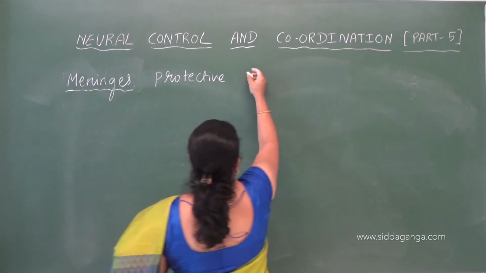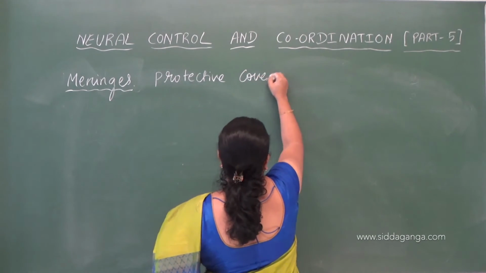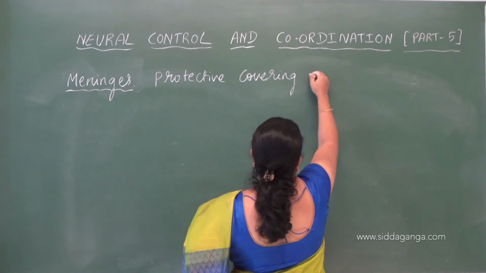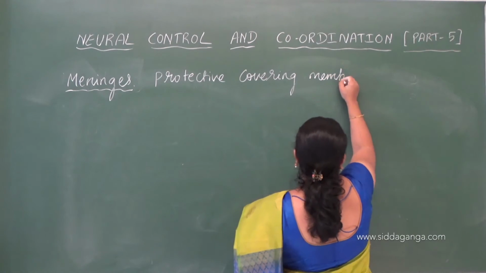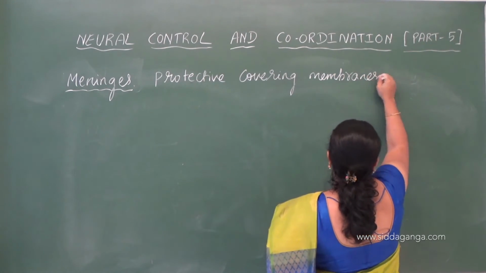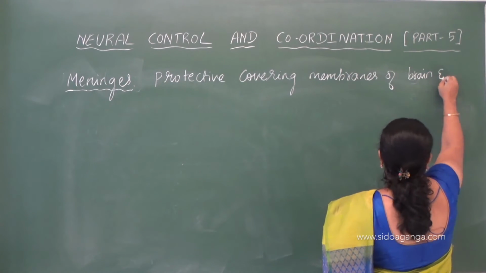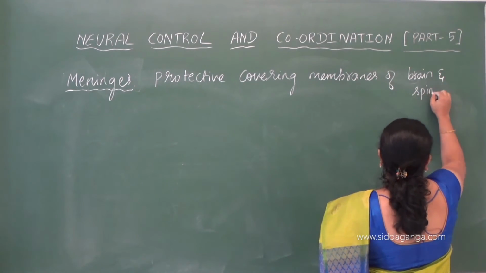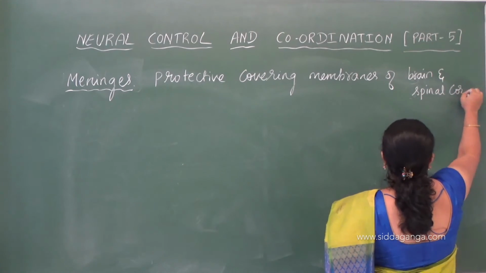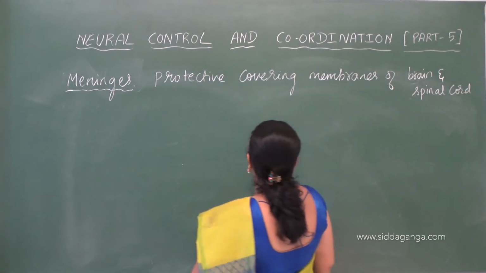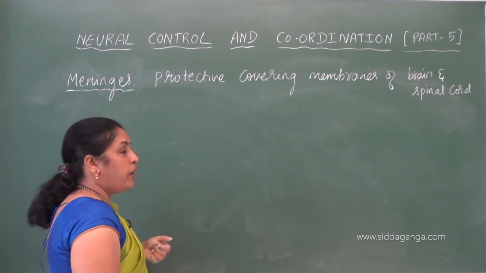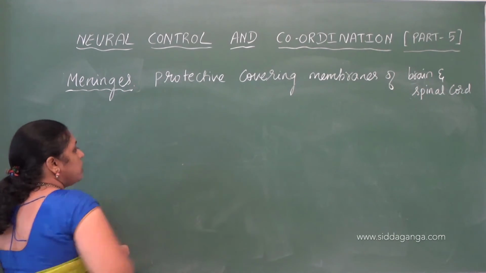Protective covering membranes of brain and spinal cord are called meninges.